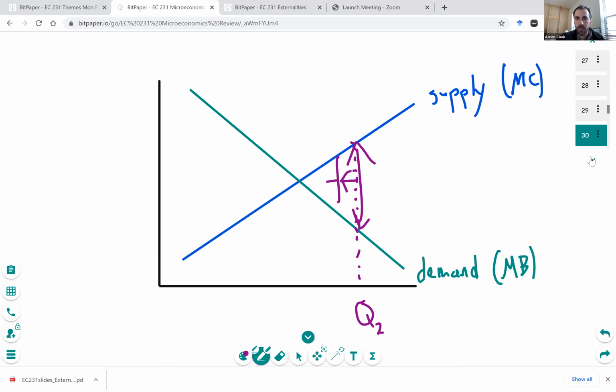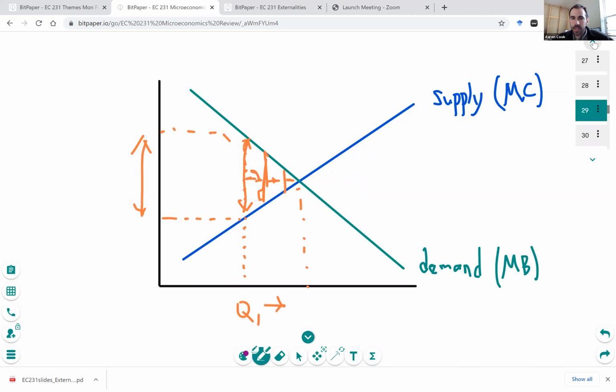If you move to the left a little bit more, you can reduce it even more. And again, eventually you get to a point where you no longer have a gap between marginal benefits and marginal costs. And that's why that's an equilibrium point. It's because nobody has an incentive to change their behavior at equilibrium. There's no more opportunities for gains from changing the quantity. So that's a way to think about equilibrium from a quantity perspective.